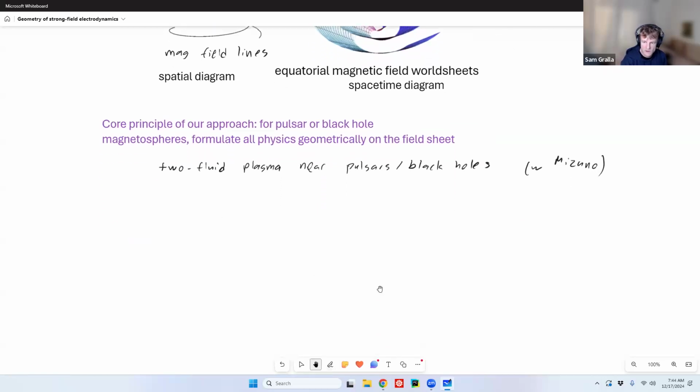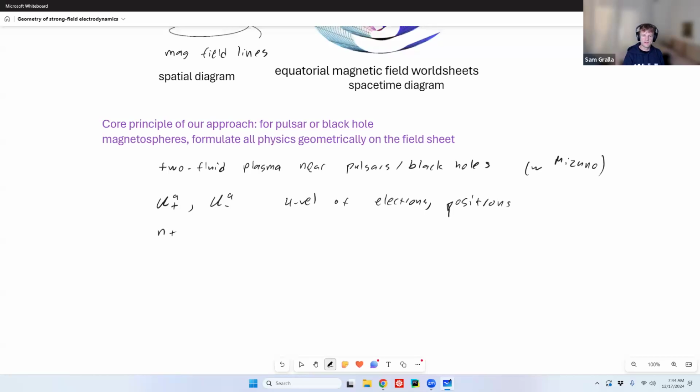So the core principle of our approach: formulate everything geometrically on the field sheet. First, let me tell you what the two-fluid theory is. So now we have two species, u plus and u minus. These are the four-velocities of electrons and positrons, respectively. Nice, it corrected my p into a triangle.